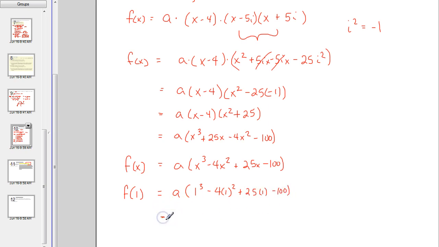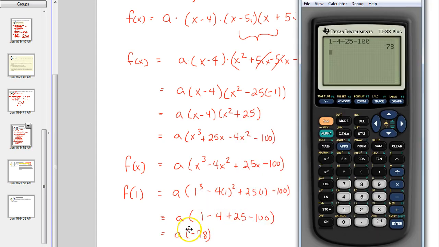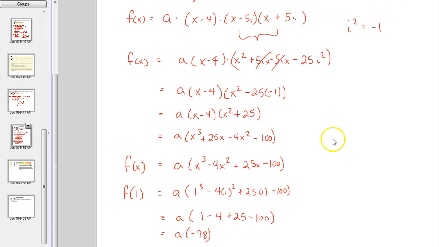So a times, because these are 1s, it's just going to be the coefficients. Alright, and when I combine all that together, I get a negative 78. Alright, so 1 minus 4 plus 25 minus 100. Well, what do I get when I plug 1 in?